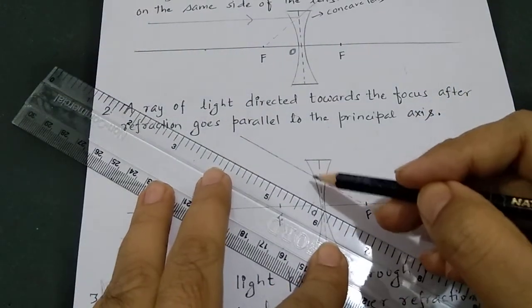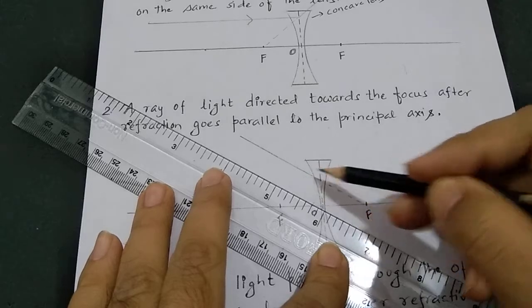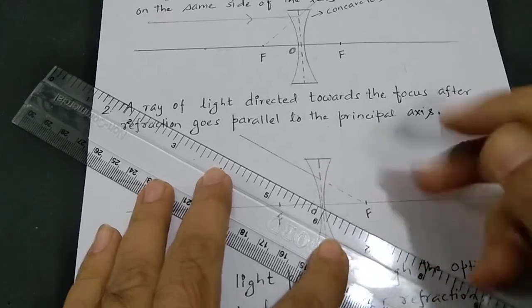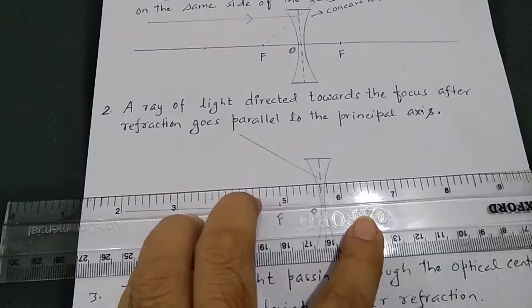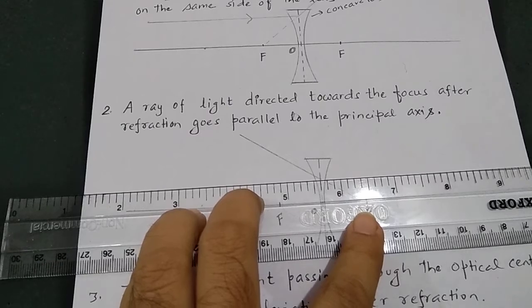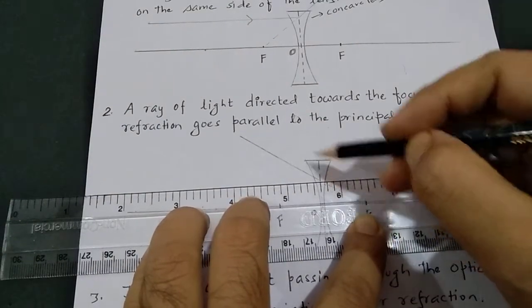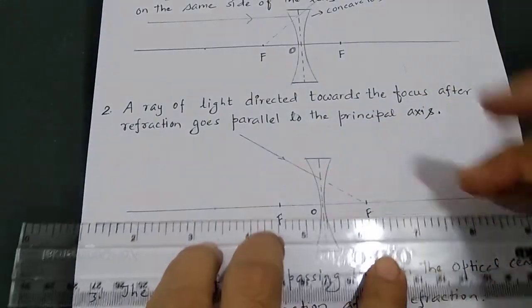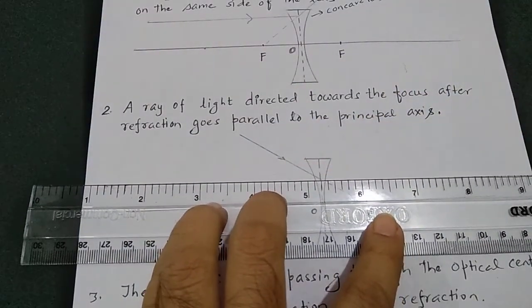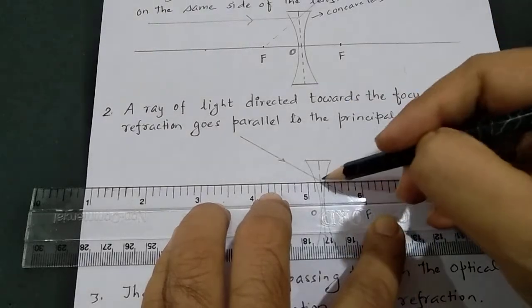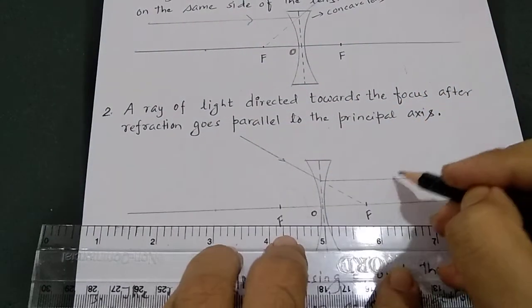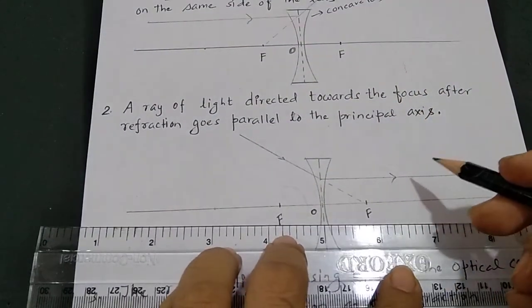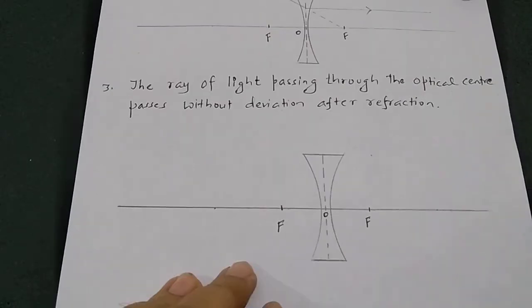It is actually not passing through the focus, it is just directed towards it. After refraction, instead of passing through the focus, it moves parallel to the principal axis. This is rule number 2.